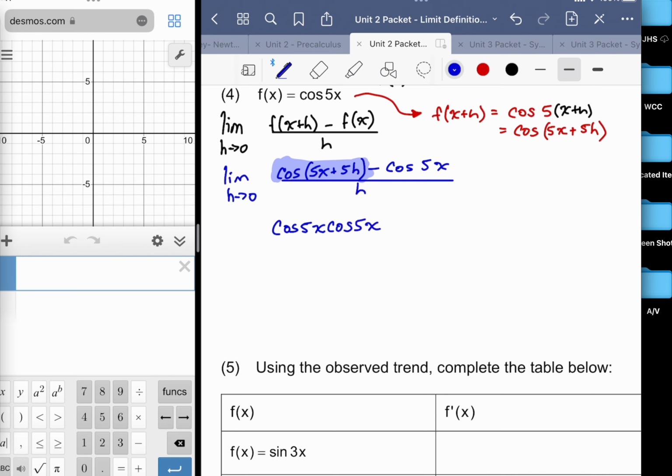The plus becomes a minus by rule. Sine 5x, sine 5h. Minus the cosine 5x that's already there, all over the h that's already there, with the limit as h approaches 0 preceding the whole thing.